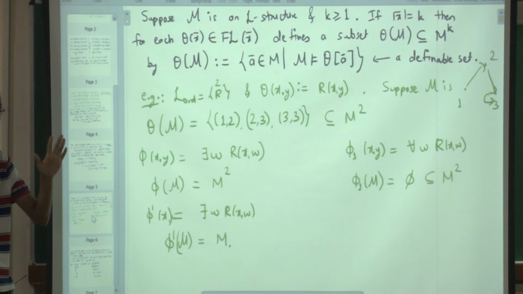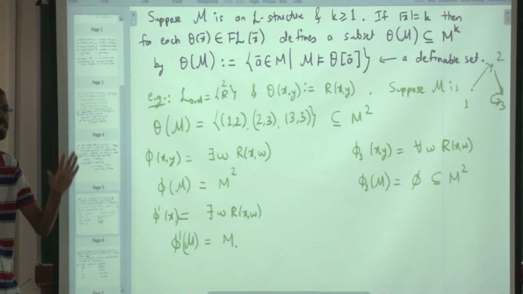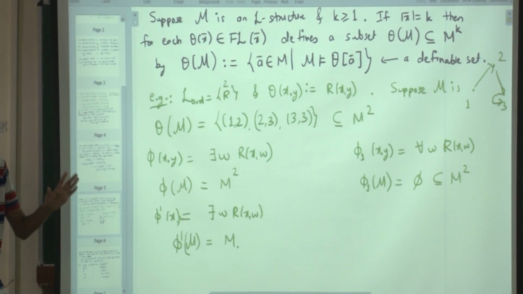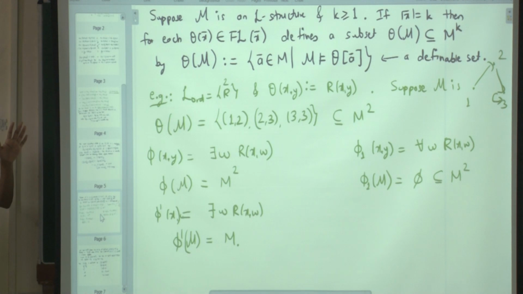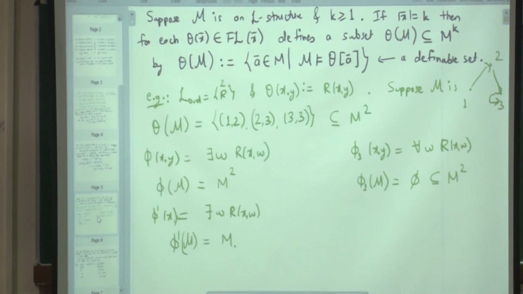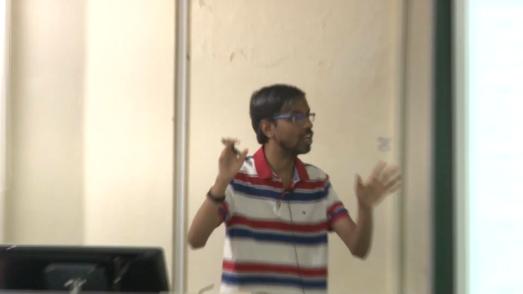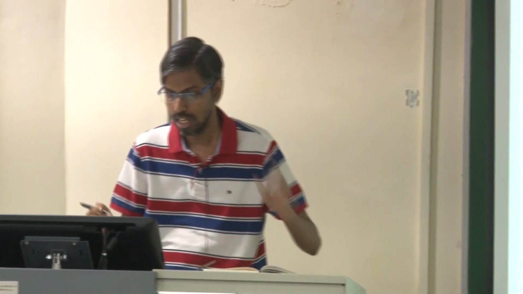But those two different formulas are not necessarily logically equivalent. If two formulas are logically equivalent, then obviously they are going to give me the same definable set. But even if they are not logically equivalent, they can give me the same definable set in some structure. So that is what we are now going to document.